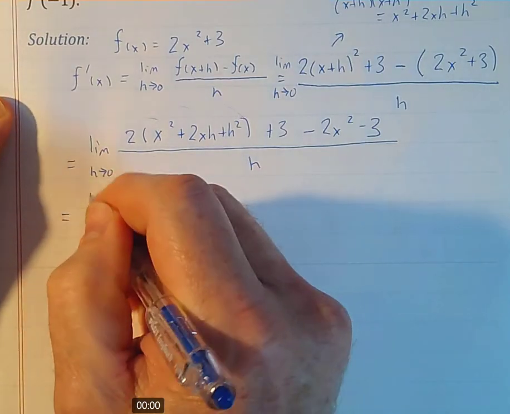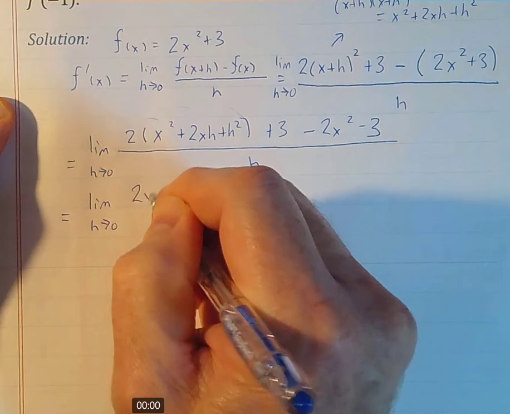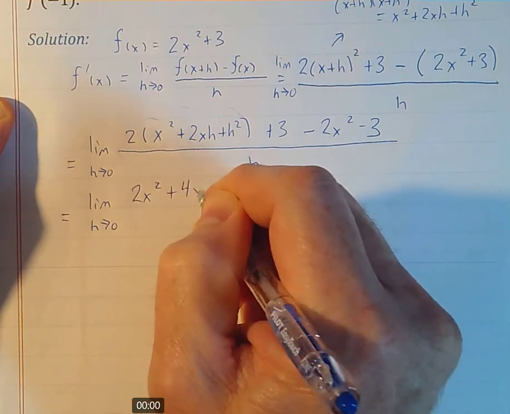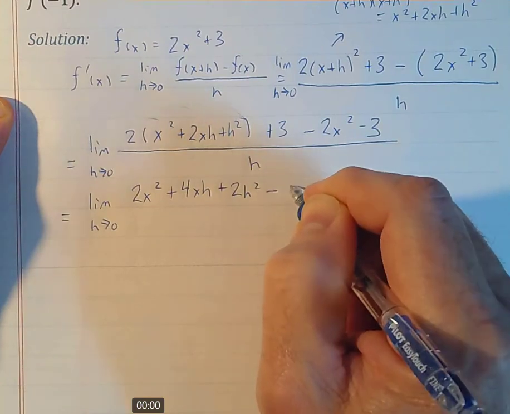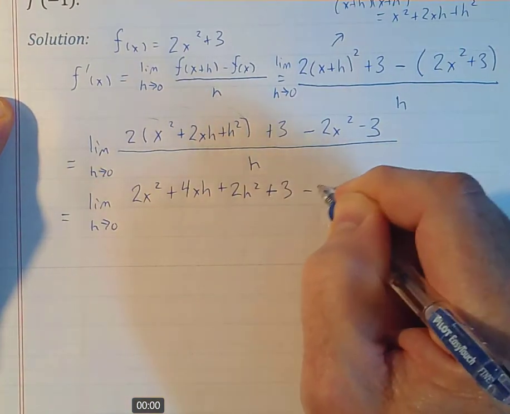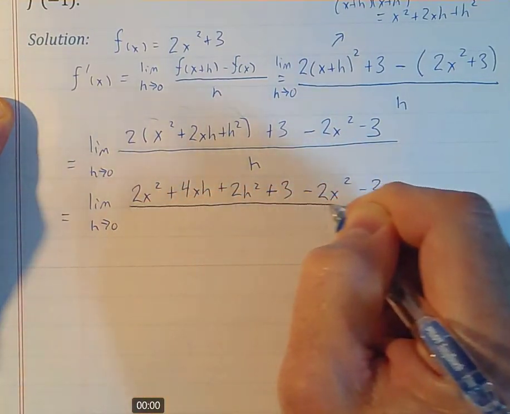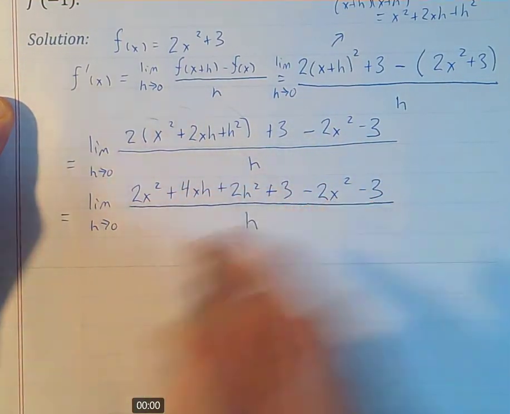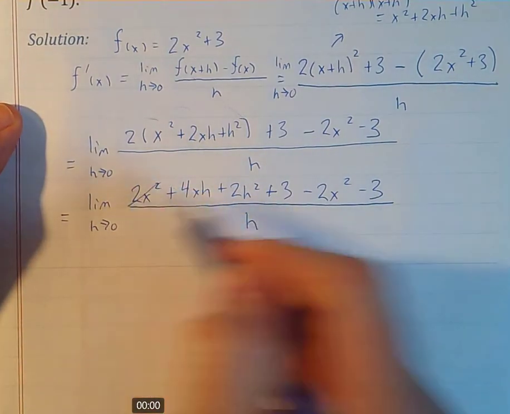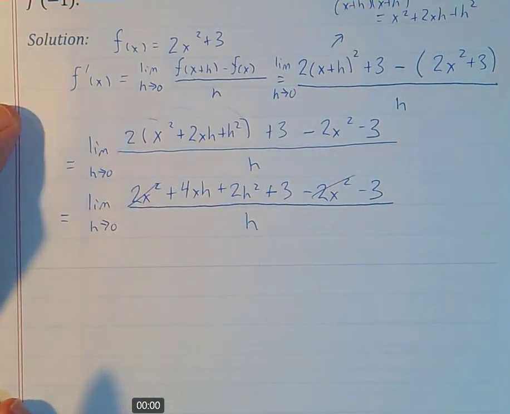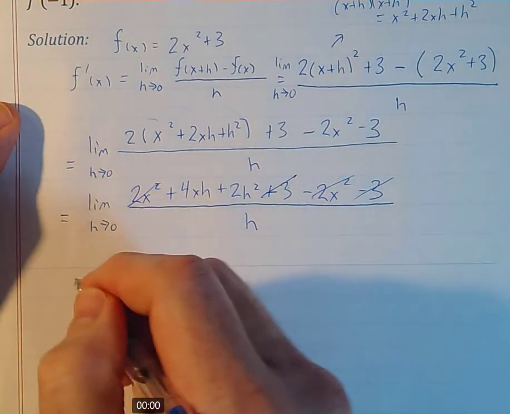So we end up with the limit as h approaches 0, 2x squared plus 4xh plus 2h squared plus 3 minus 2x squared minus 3, and all that goes over h. Now, I think we can see here that we can cancel some stuff out. 2x squared, negative 2x squared, we'll cancel those. 3, negative 3, we'll cancel those.